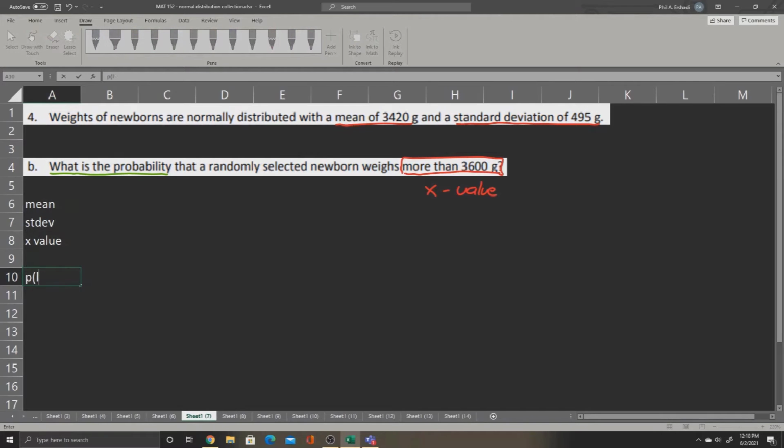Based on this, we can find probability of being less. However, in the question, we are asked for being more than 3,600. If you see the word more in the question, that's the same as saying greater than. And because of this, we'll have to add an additional step after p less, and we'll have to find p greater.